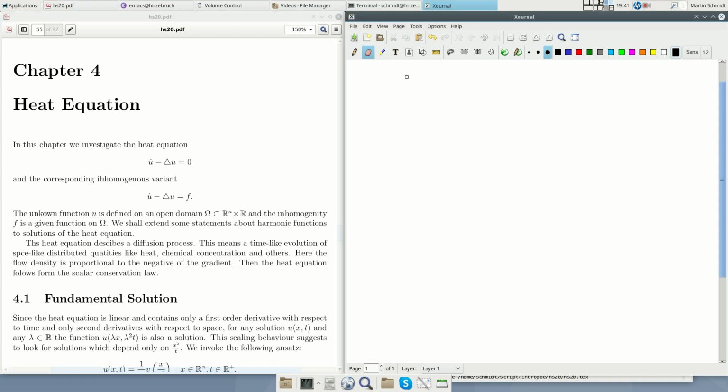So the heat equation looks like the following: U dot minus Laplacian U is equal to 0. And this is the homogeneous, and the inhomogeneous is with right hand side. So U is the unknown function, and this goes from some open domain omega sitting in Rn cross R to R, unknown function.